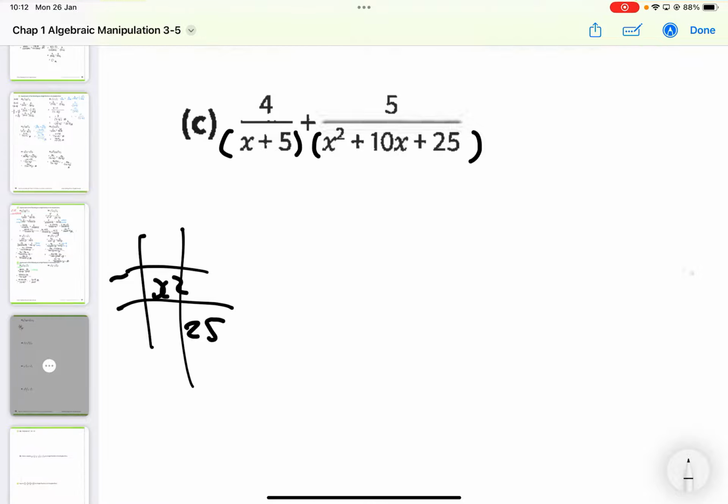Or the other one, I don't know which one your teacher taught you. Either method, you have to guess the numbers. So this one, they actually give you the clue. You know you have to factorize to something like this, so you can straight away put x plus 5 as one of them.